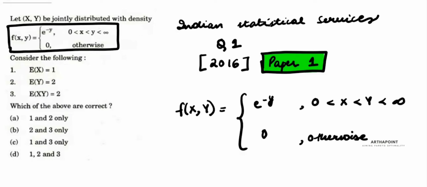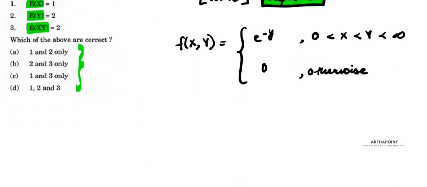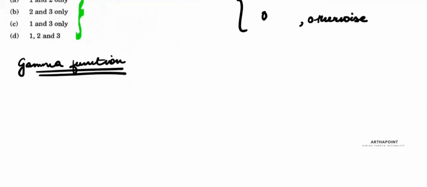The question says, consider the following. Ideally, you have to tell which of the following are correct, which means you have to find E(X), E(Y), and E(XY). These are the three things that you're supposed to find out. In order to do this question, you must know what the gamma function is.